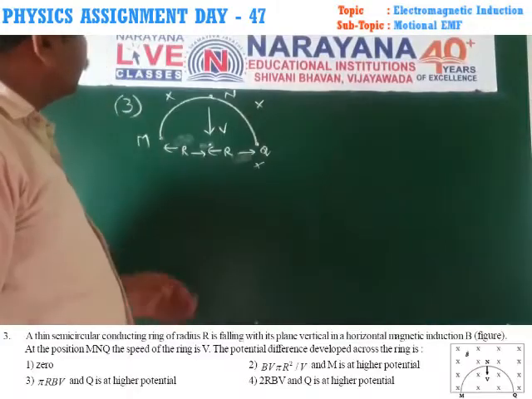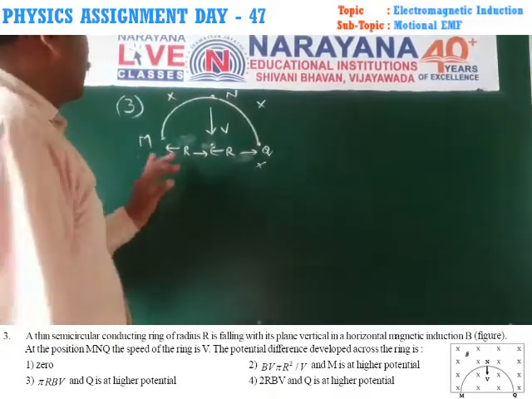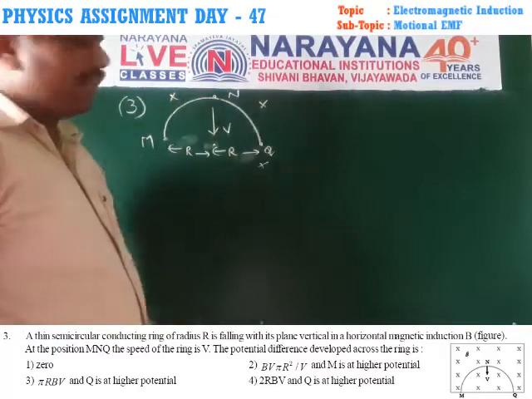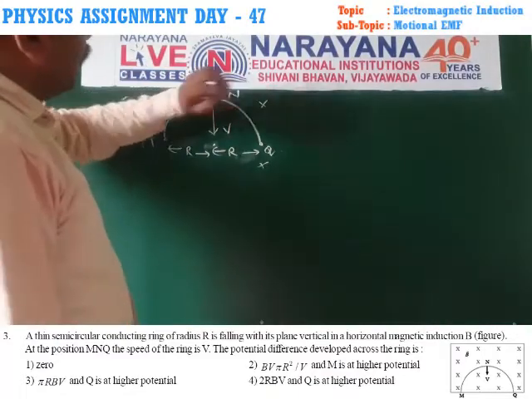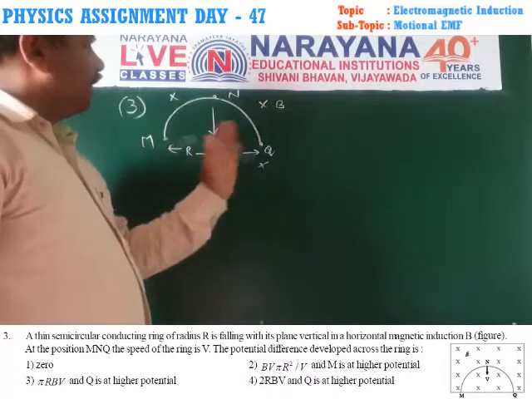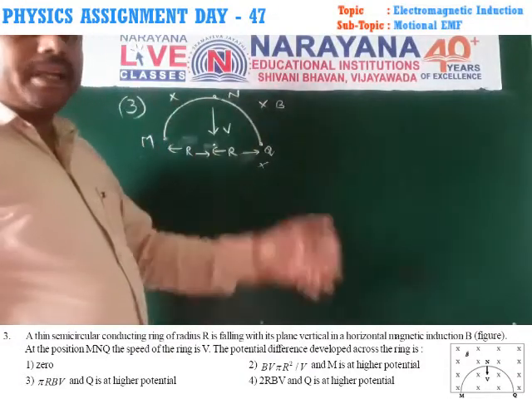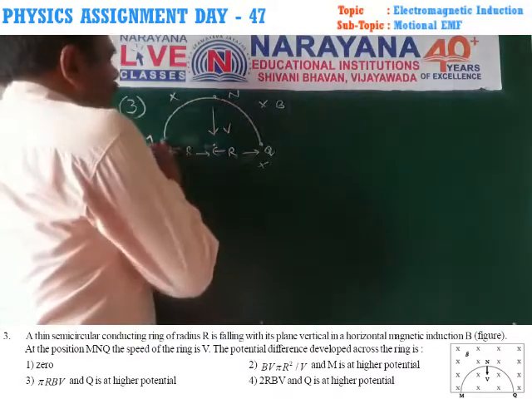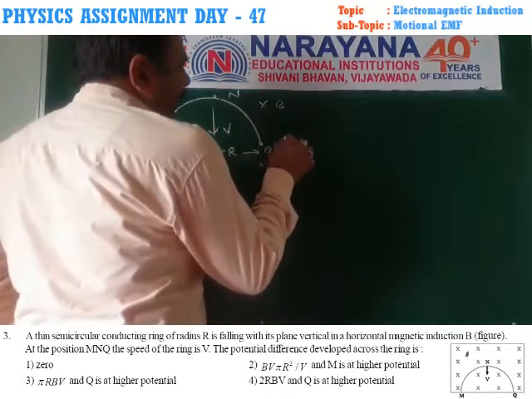In the third question, a semicircular arc MNQ is moving downward with a velocity v under an external magnetic field B. We have to find the EMF across M and Q, across the conductor M and Q. Here it is assumed as a straight conductor.